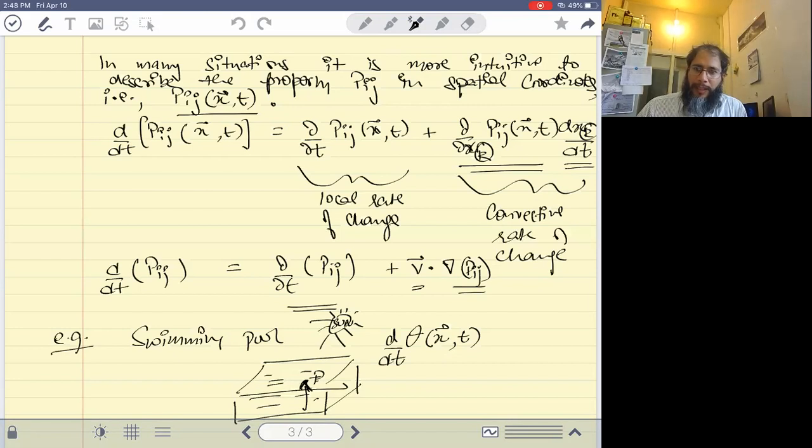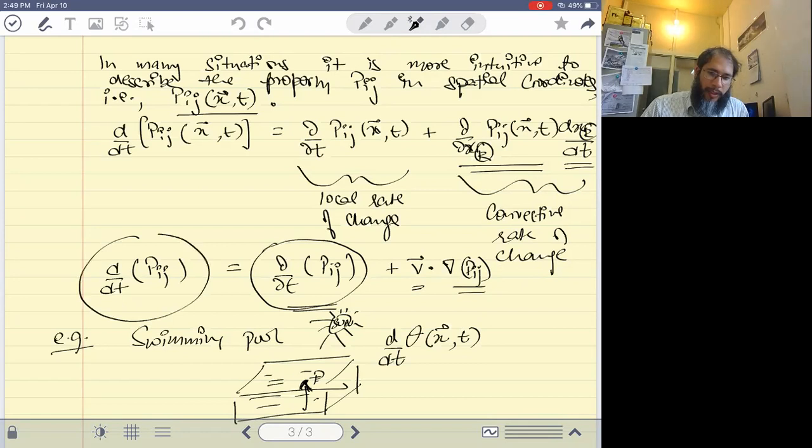So the only rate of change that we will see is because of the radiative heating at a given local point P. That is equivalent to the ∂ by ∂t of Pij, or in this case, Pij is theta, the temperature. So the overall rate of change that you may measure by sitting on a particle is the local rate of change, because of the radiative heating of the sun.